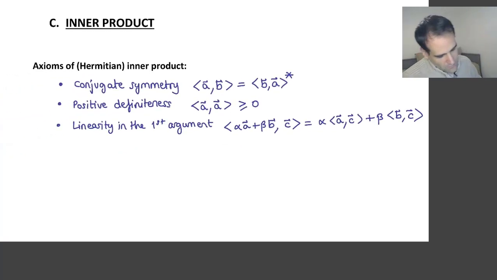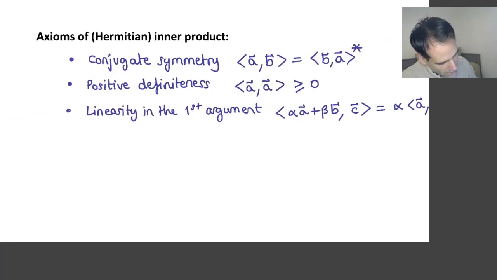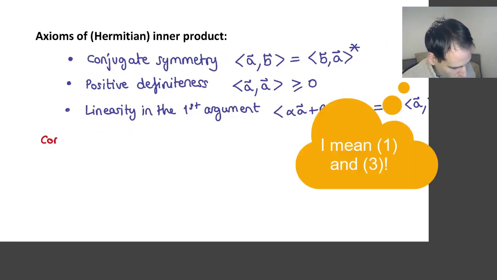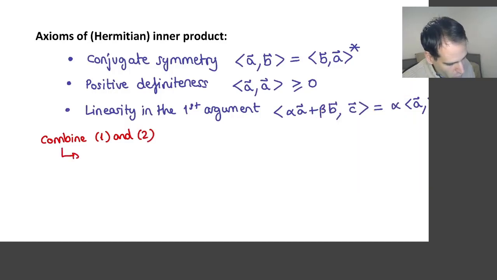Now it's interesting because if you combine axioms 1 and 2, then you arrive at what you could consider a new axiom, though it's not really an axiom because it is derived from the others. This new axiom would be conjugate linearity in the second argument.